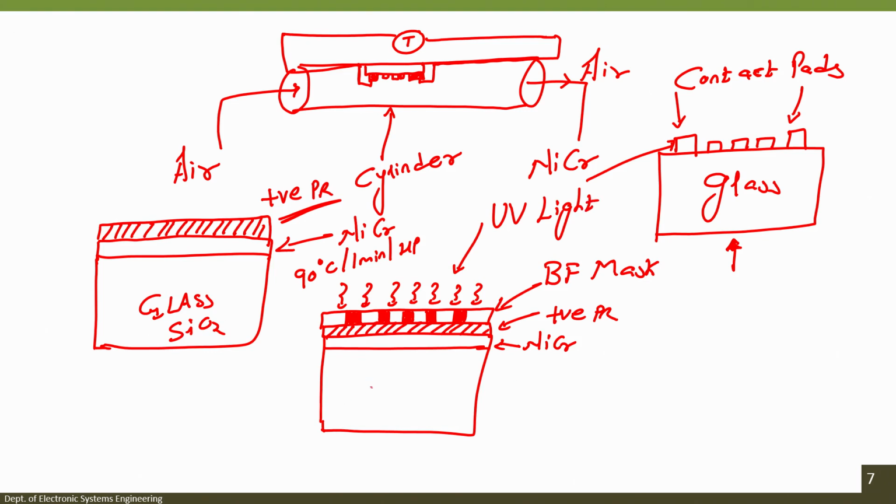So, if I perform this, this is my glass, right. The next step would be I will dip this wafer in photoresist developer. If I dip this wafer in photoresist developer, what will I have?